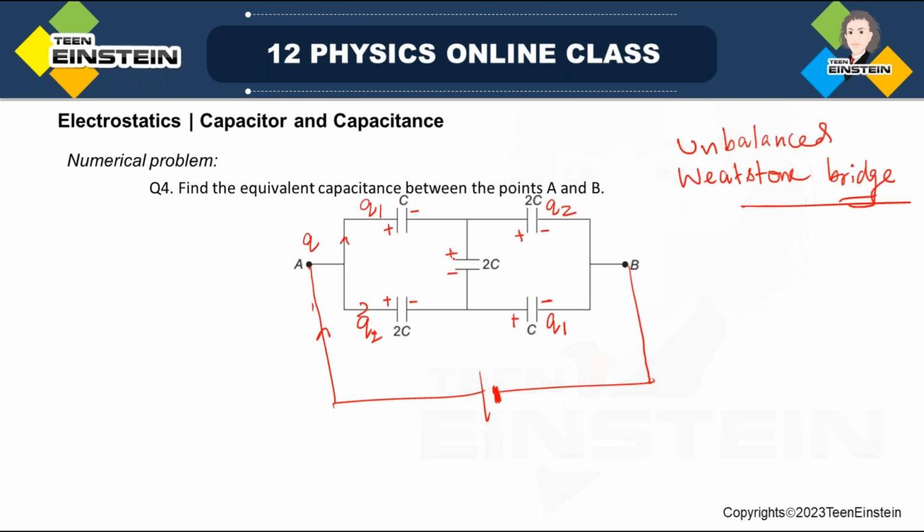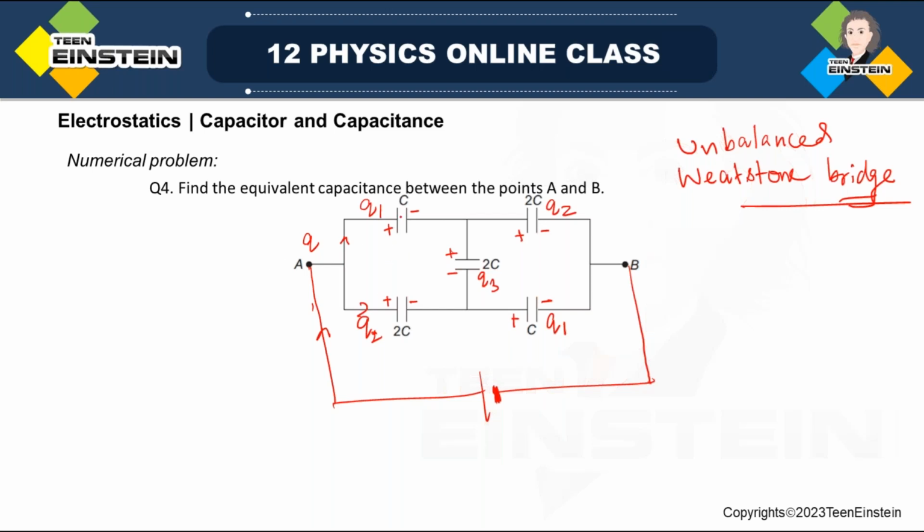I am taking this as some Q3 charge. So charge is distributed, and this is called the distribution law, according to Kirchhoff's charge conservation, or KCL, which we are applying here.